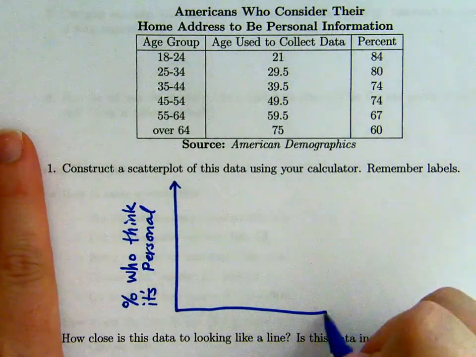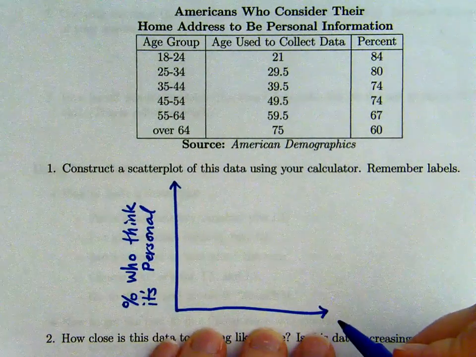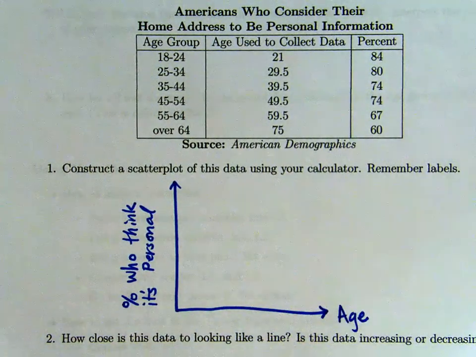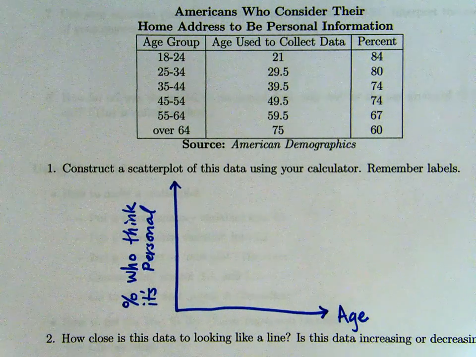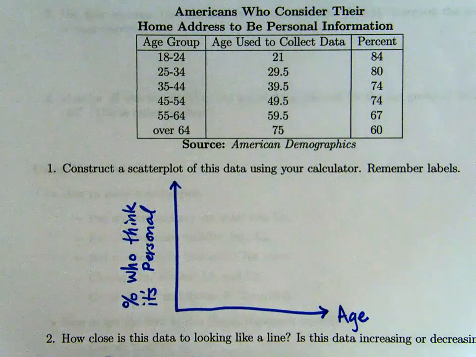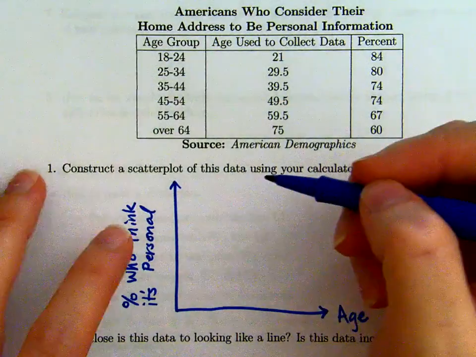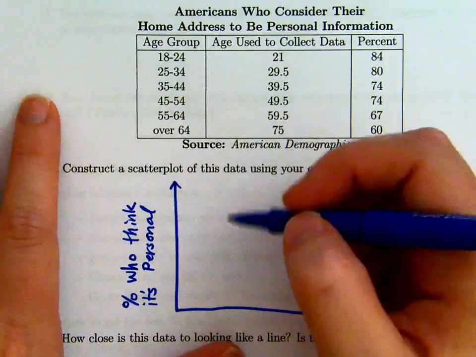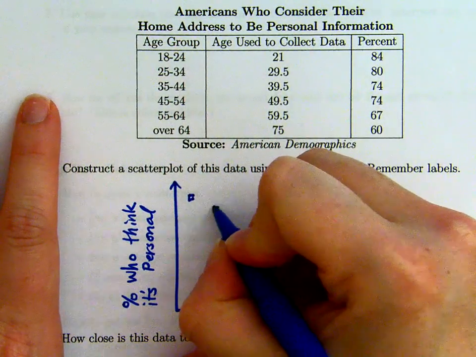And our horizontal is our independent variable or our explanatory variable. And here we are considering that to be age. We're thinking that age explains whether you responded it being personal or not personal information. So, and by it we mean the address. Let's make a quick plot of this based on the screen we had. So, something roughly there.